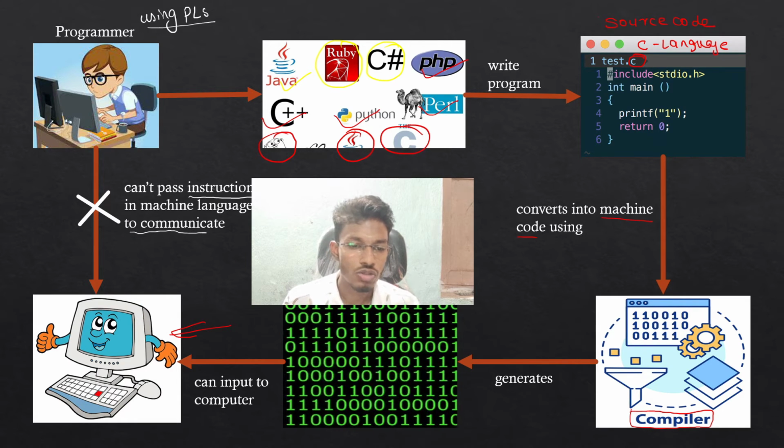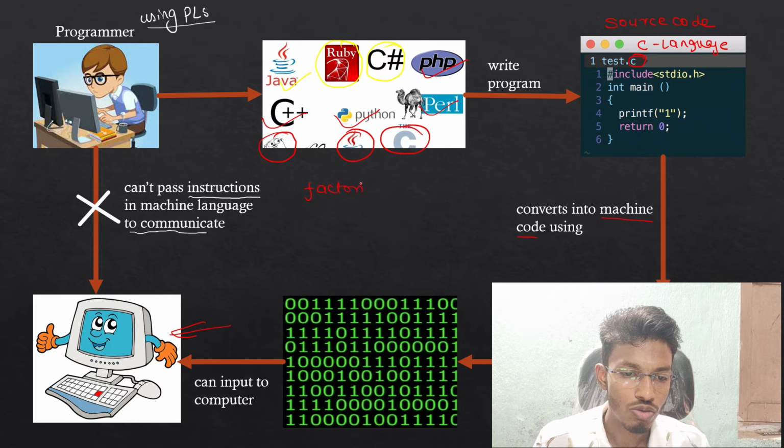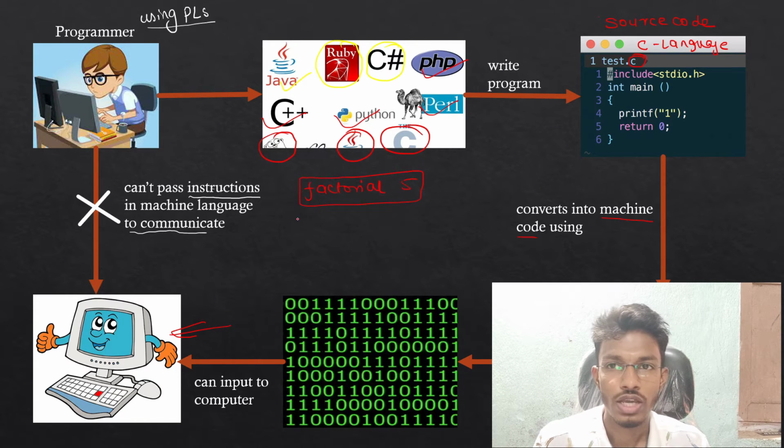Suppose you want to calculate the factorial of 5. You can calculate it easily: 5 into 4 into 3 into 2 into 1, and we get the value 120.